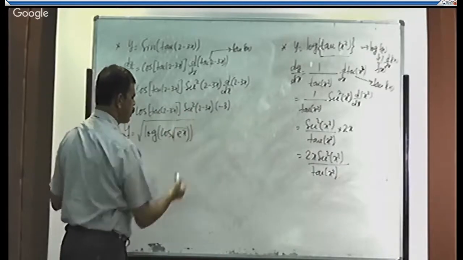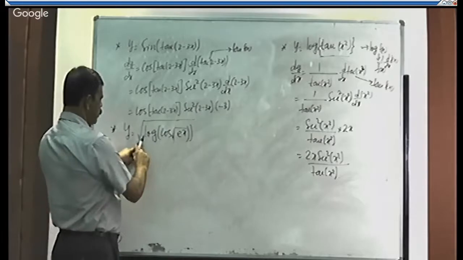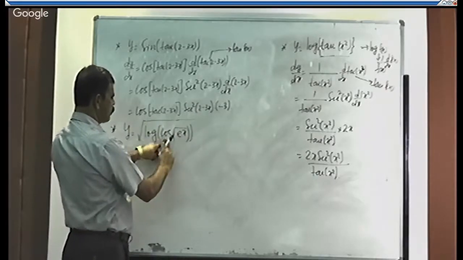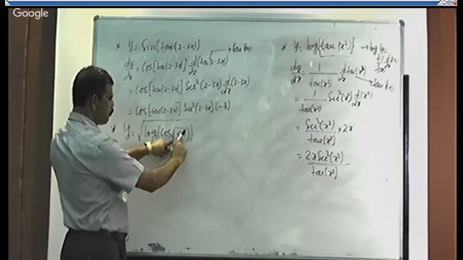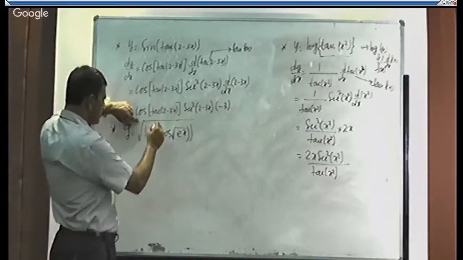You can write any number of functions. It is root of, log of, cos of, root of e power x. That's why it is called chain rule. It is in the form of a chain only.